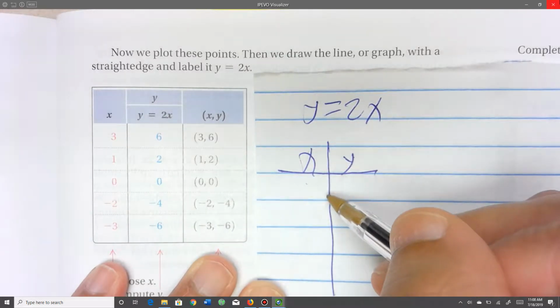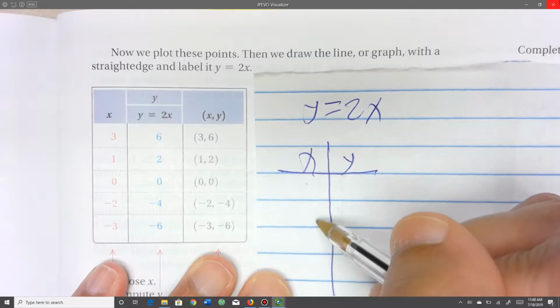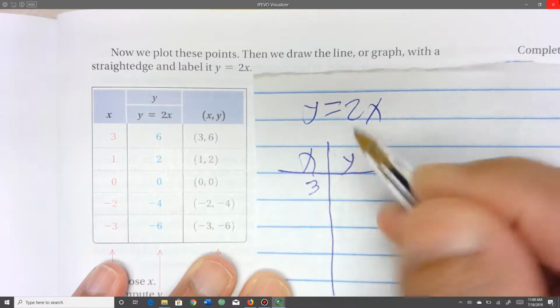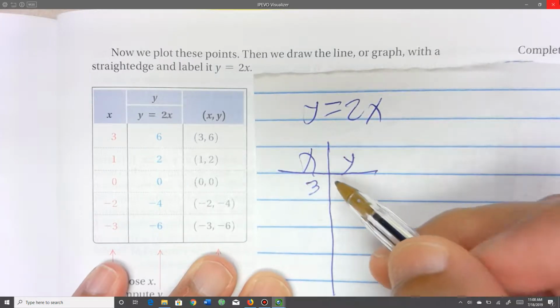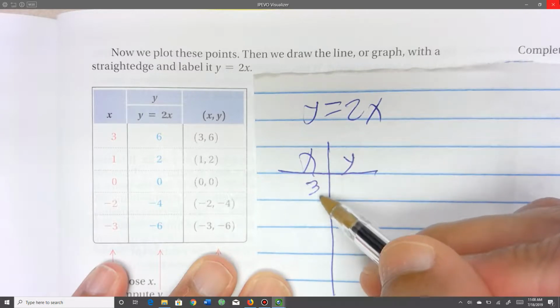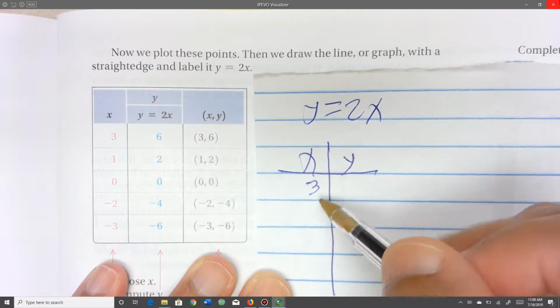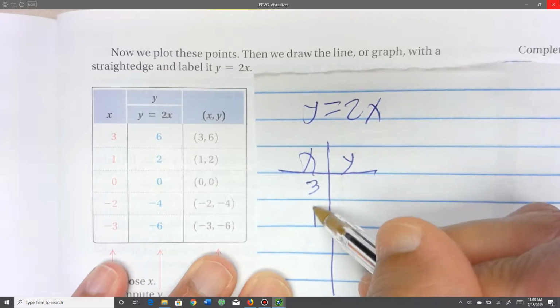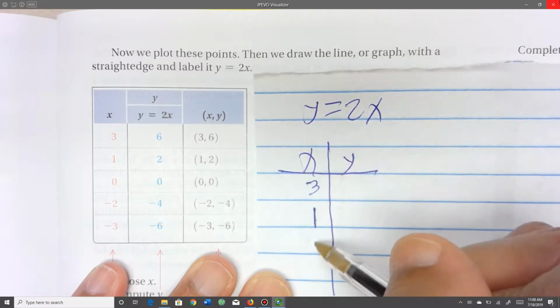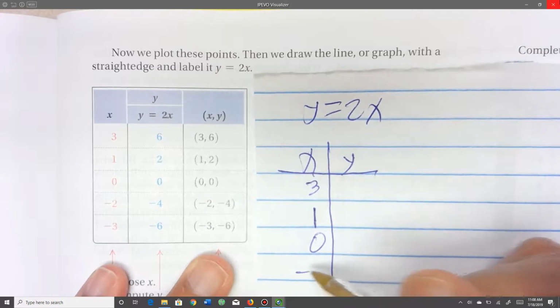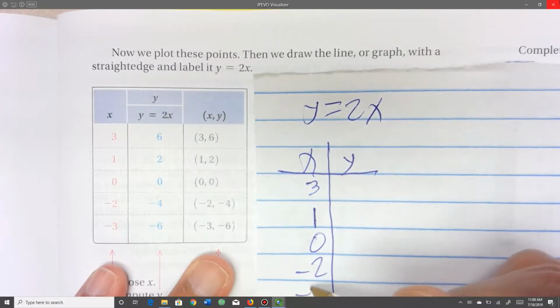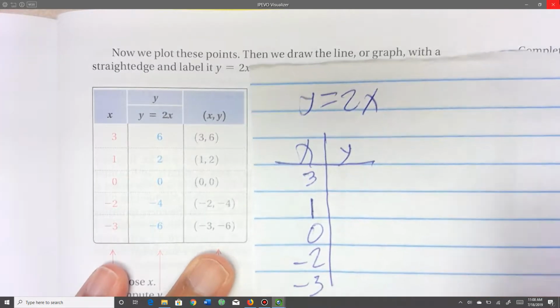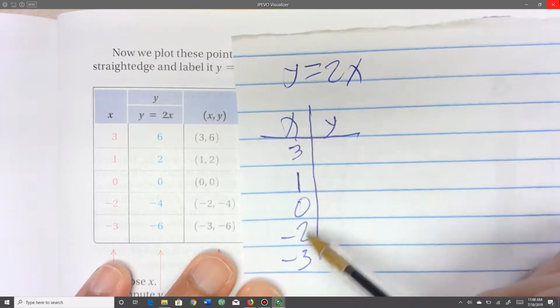And what they suggest is that you start with random values for your x, and you always start with your x, okay? It makes it easier. Just give random values for your x.